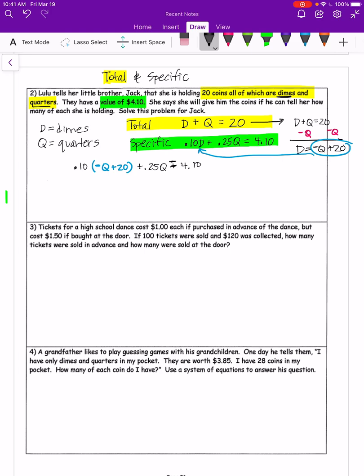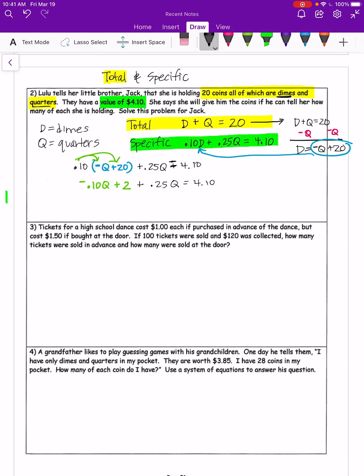All right, so now I have a little bit of distributive property to take care of. I'm going to do 0.10 times negative Q, which would be negative 0.10Q. And then 0.10 times 20, which you can do on your calculator, but it's just moving the decimal one time, which would be 2. And then I'm going to copy everything else over, plus 0.25Q equals 410.